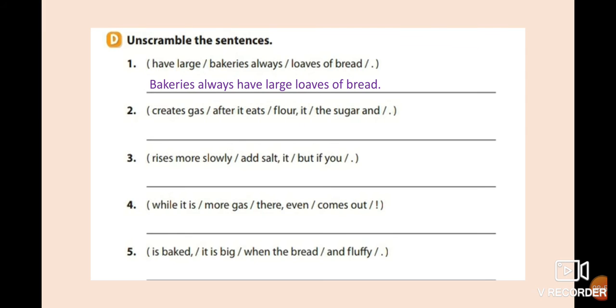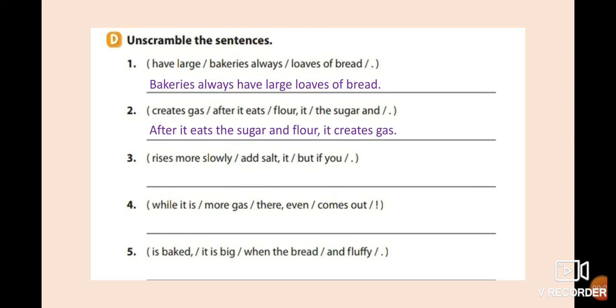Number 2, creates gas after it eats flour eat the sugar end. The correct option is after it eats the sugar and flour, it creates gas. This one is the correct order of the sentence.